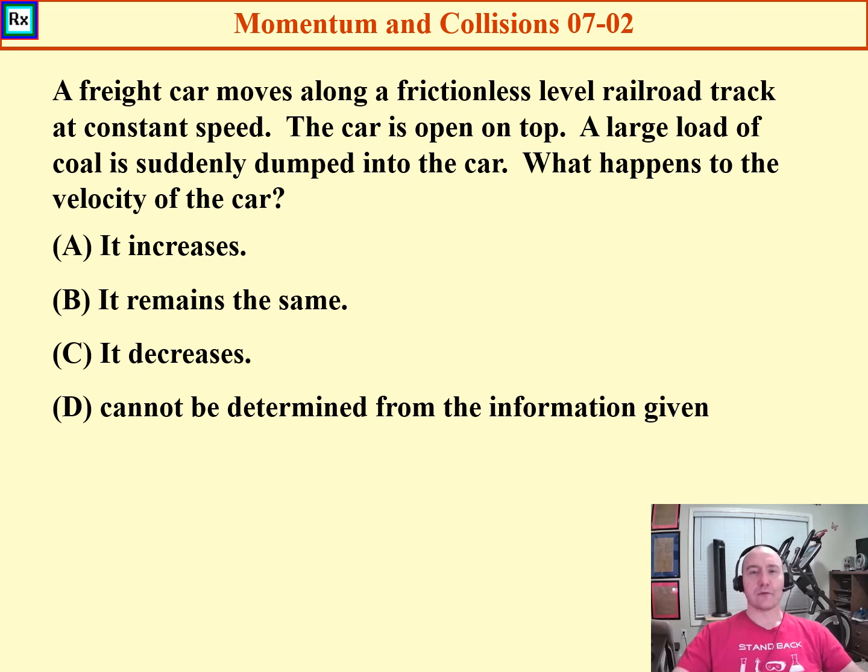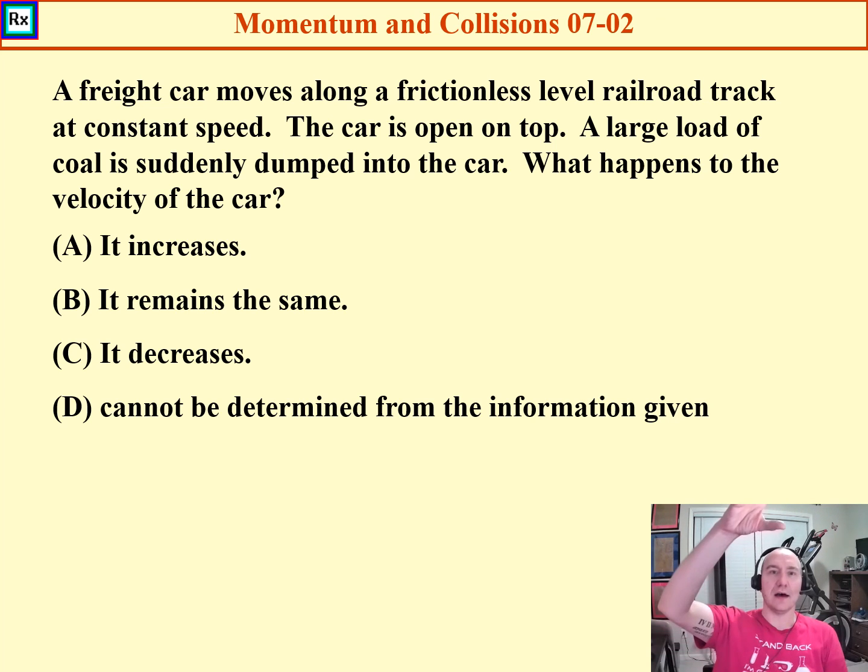Well, something you need to recognize is momentum is a vector, which means whatever happens vertically is independent of what happens horizontally. So we're assuming with a frictionless surface that when something is dropped in there, the vertical doesn't really change anything. All right. Now there's no conservation of momentum vertically because the ground pushes up on the car, preventing the car from moving downward.